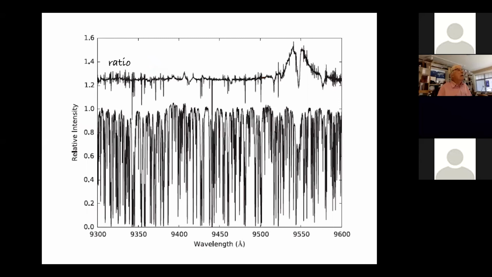So here is the region of the spectrum of interest. You note it goes from 9300 to 9600 angstrom. And this is what the spectrum looked like before division by the standard.